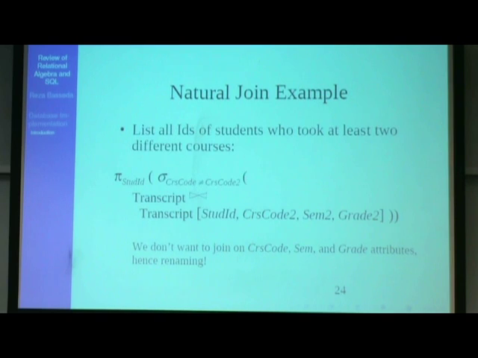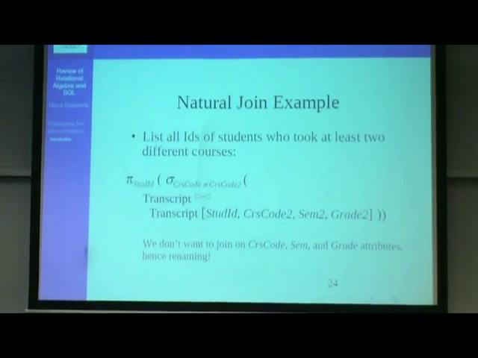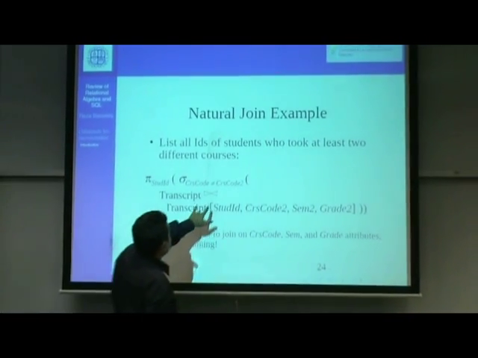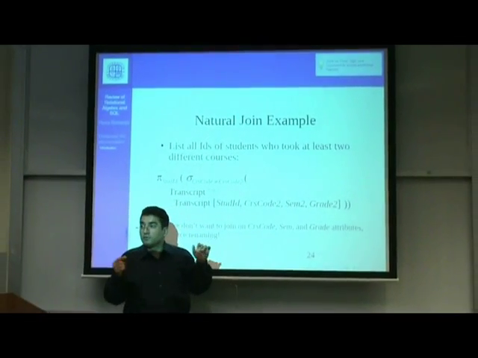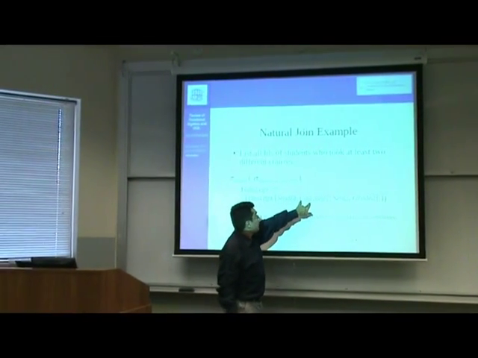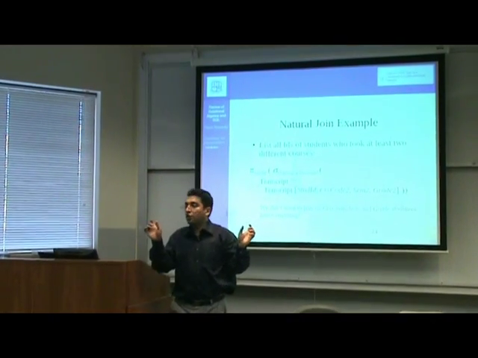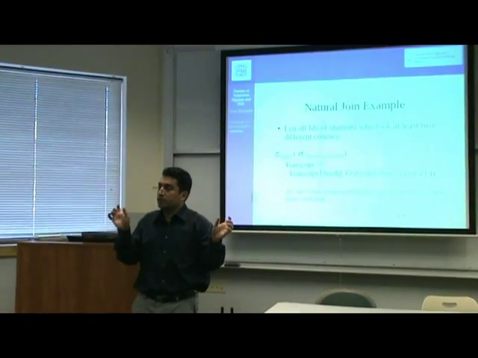Why is it zero entries? Because you are just duplicating the table. So I duplicate the table. When I duplicate the tables, this natural join works. I rename the course code, okay, so these two columns will now be two different columns.